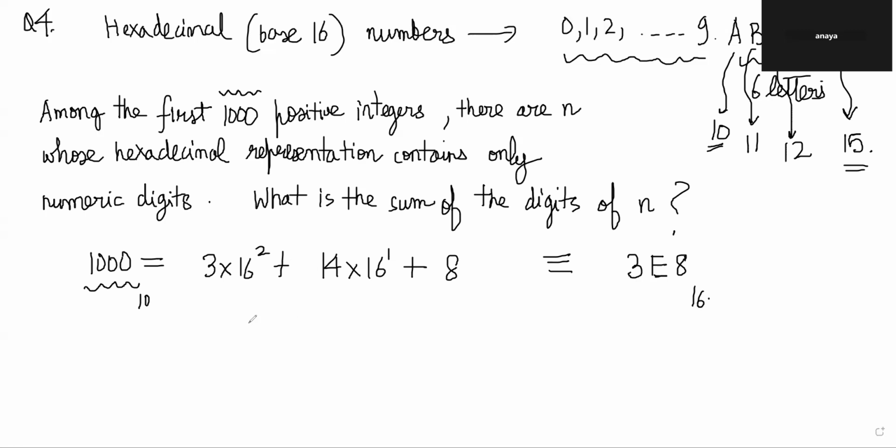If you want to make a number smaller than 1000 in base 16, what are the options for the first digit and second digit and third digit? You don't want to use letters and you want it to be smaller than this number in base 16. So 3E8.